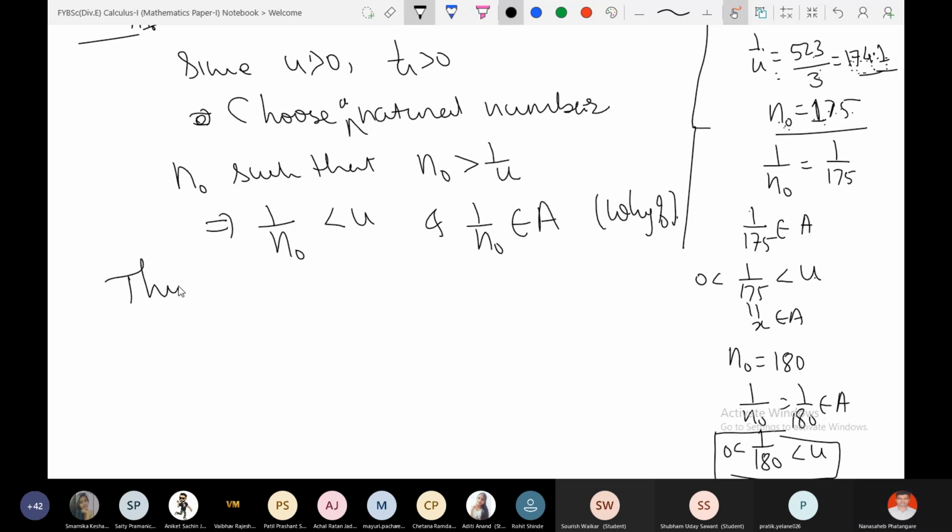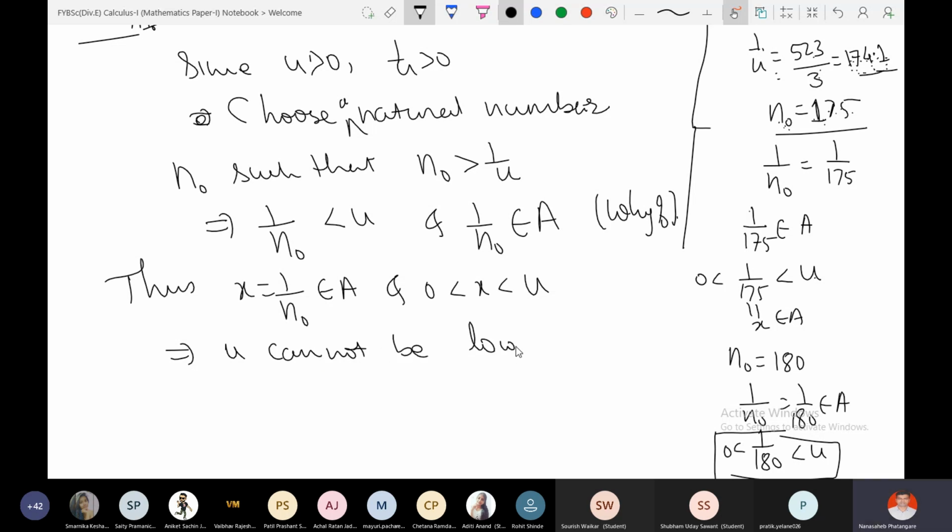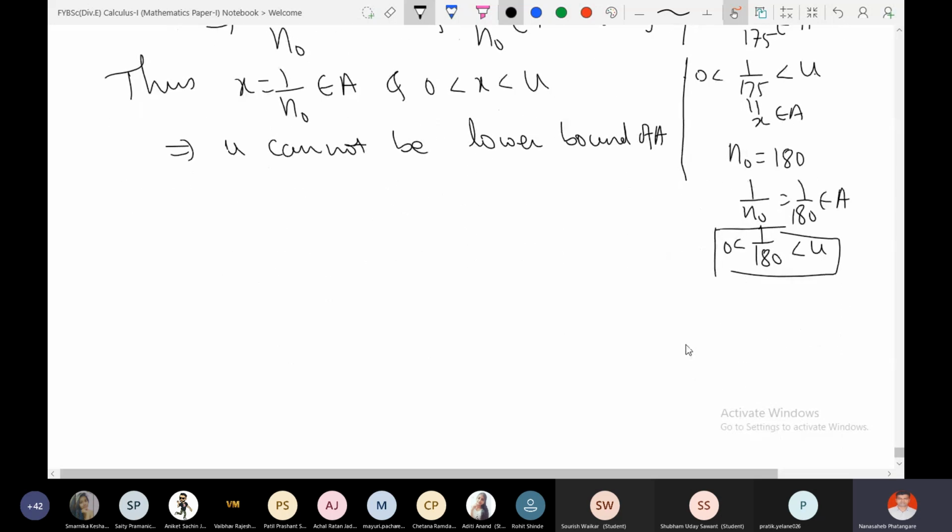Thus x equal to 1 upon n naught is in A, and 0 is less than x less than u. Therefore u cannot be a lower bound of A. So if you choose any number greater than 0, that number cannot be a lower bound.